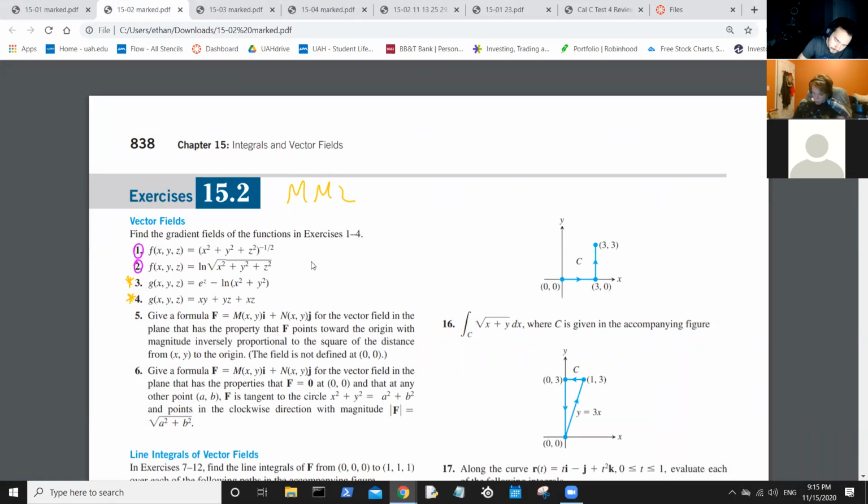So you get x over x squared plus y squared plus z squared for i, and then plus y over x squared plus y squared plus z squared for j, and then plus z over x squared plus y squared plus z squared for k.